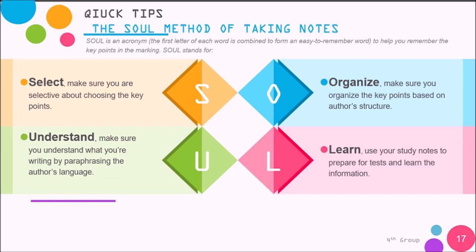Make sure you are selective about choosing the key points. O, organize. Make sure you organize the key points based on the author's structure. U, understand. Make sure you understand what you are writing by paraphrasing the author's language. L, learn. Use your study notes to prepare for tests and learn the information.